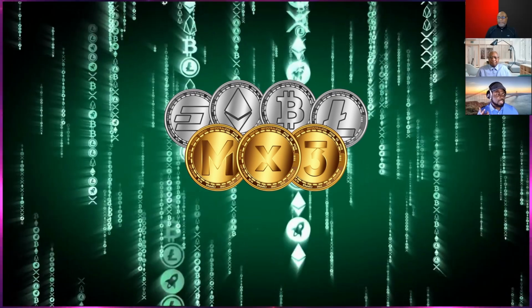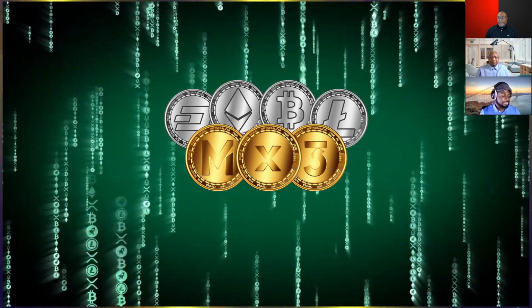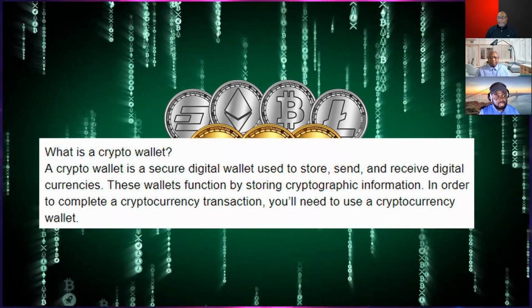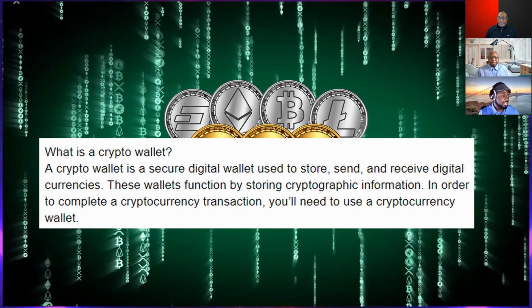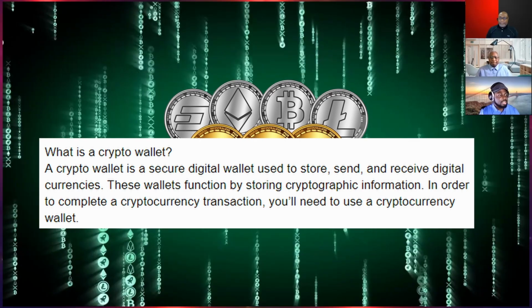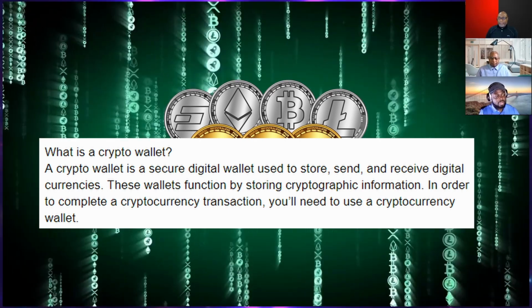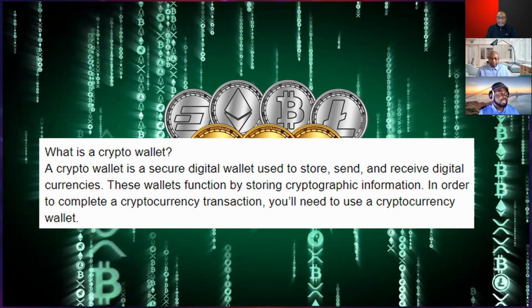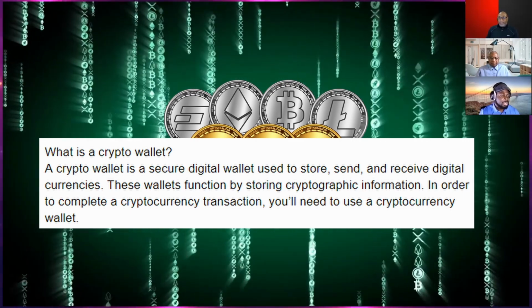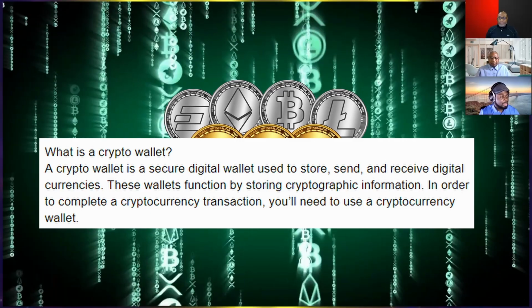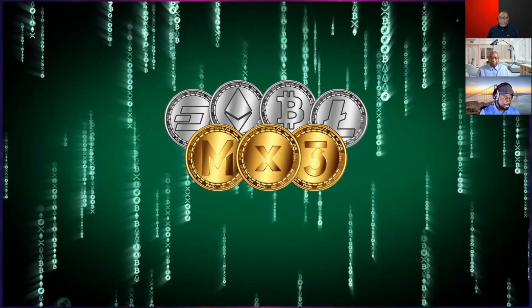So as we discussed back in episode 2, a crypto wallet is a secure digital wallet used to store, send, and receive digital currencies. These wallets function by storing cryptographic information in order to complete a cryptocurrency transaction. You need to use a cryptocurrency wallet in order to make these transactions.